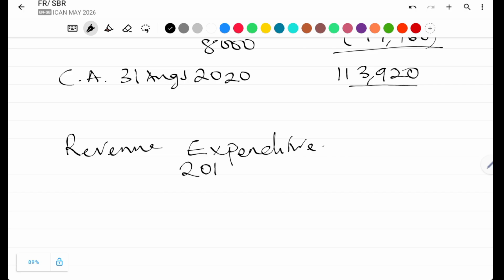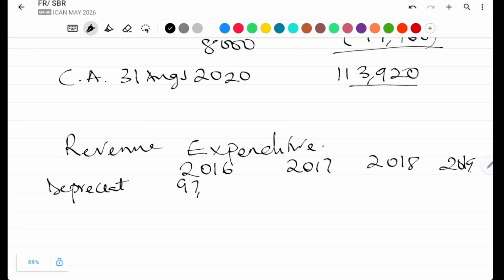So we have 2016, 2017, 2018, and 2019. Or depreciation, for instance, because all of this will be revenue expenditure. So you have 97. I'm just speaking what we calculated. 1,233,133.